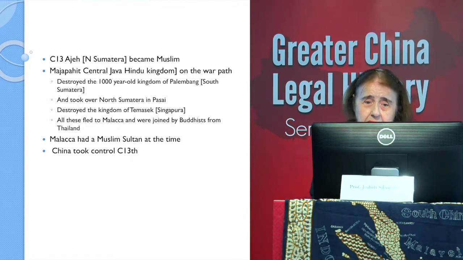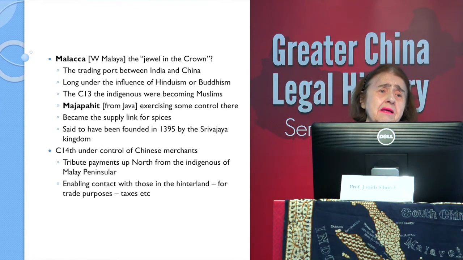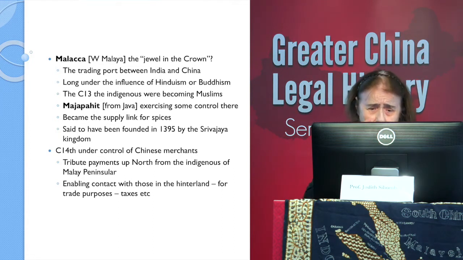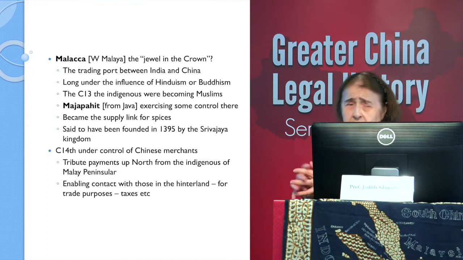Not bad work. Now, it has been described as the jewel in the crown because of its place. A trading point, a port, originally Hindu and Buddhist, now Muslim. Majapahit still playing around a little bit, naughty old people from Majapahit, but the supply link, the entrepot port for spices, was Malacca. Has anybody ever been to Malacca?